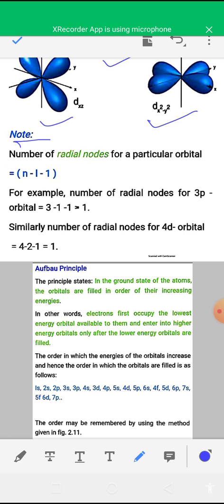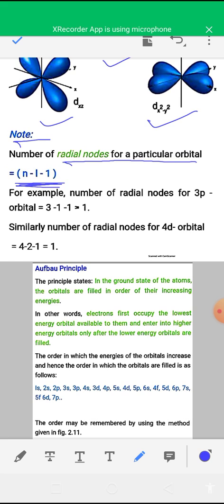For a particular orbital, a node is a space where the electron density is nil. The number of radial nodes for a particular orbital can be calculated by using the formula n minus l minus 1, where n is the principal quantum number and l is the azimuthal quantum number.